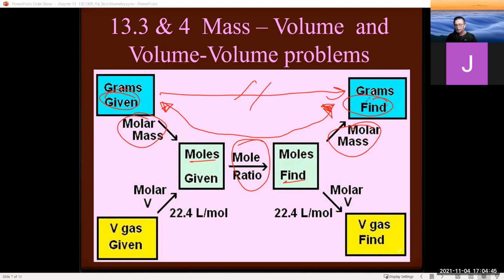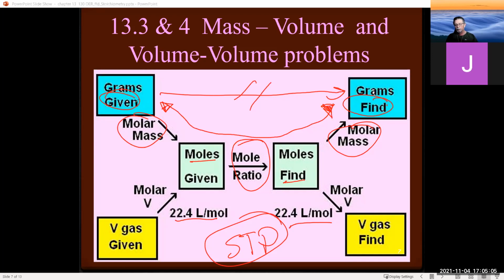I could be looking for grams. If I need to make an X amount of something, I work it backwards to figure out how much I need to begin with. Now, only at STP, okay, I can utilize that relationship of 22.4 liters per mole.